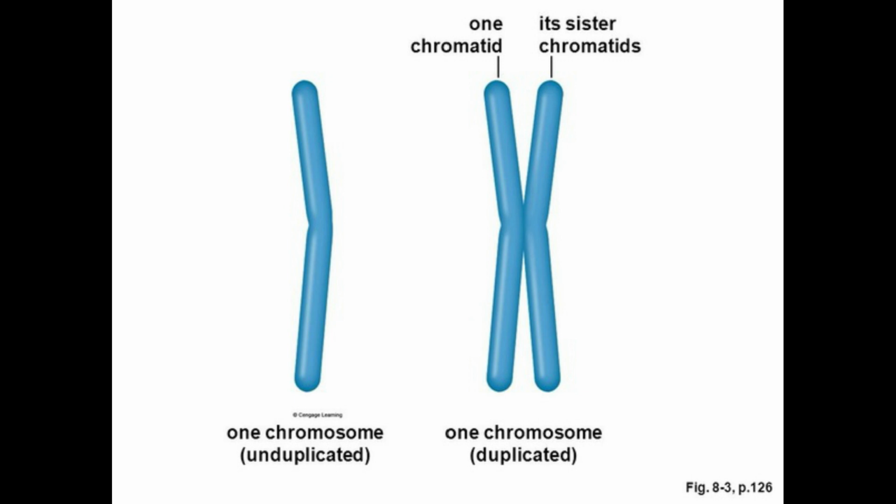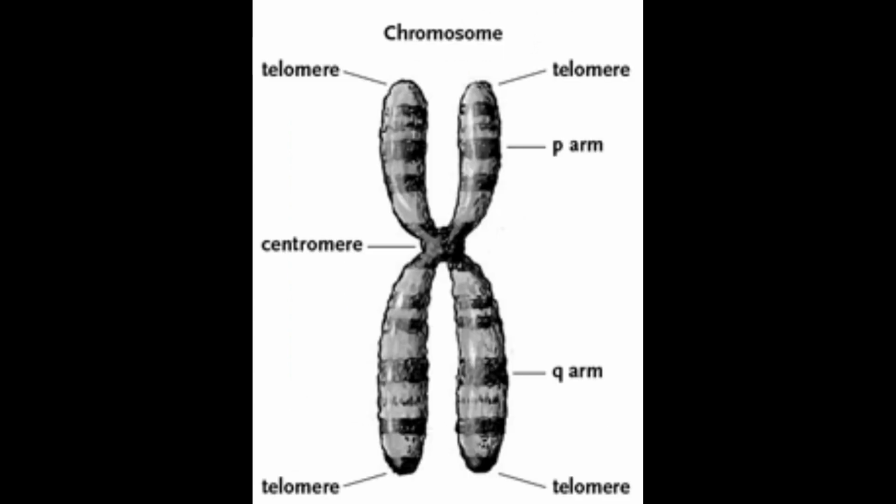The chromosome which has a duplicated copy attached to itself has two P and Q arms, while the chromosome which does not have a duplicated copy has a single P and Q arm. Let's focus on the chromosome which has a duplicated copy attached to itself. You can see the centromere here.